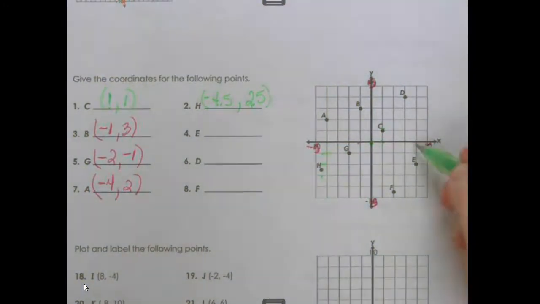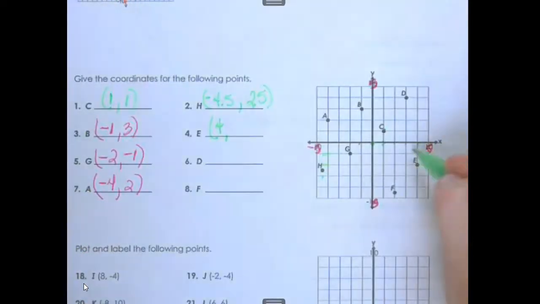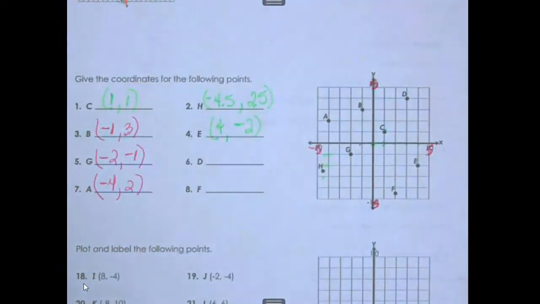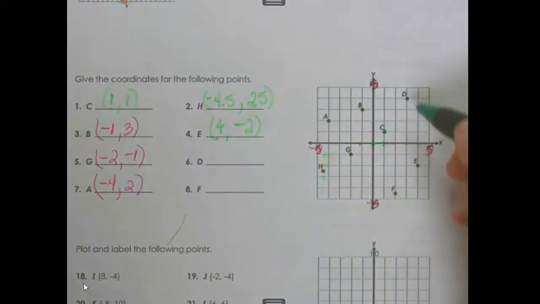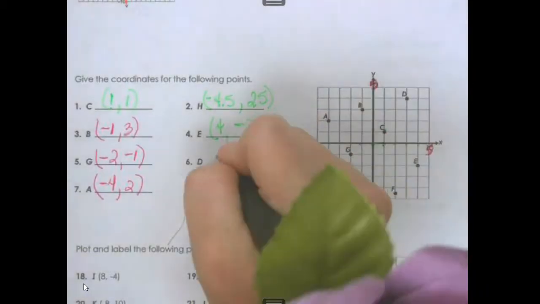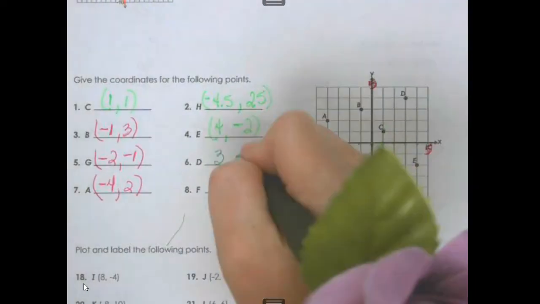E should be 1, 2, 3, 4, and -2. D, 1, 2, 3, and then 1, 2, 3, 4.